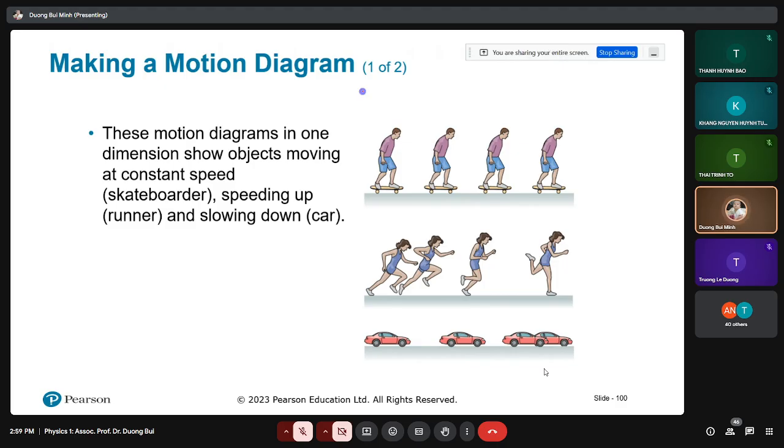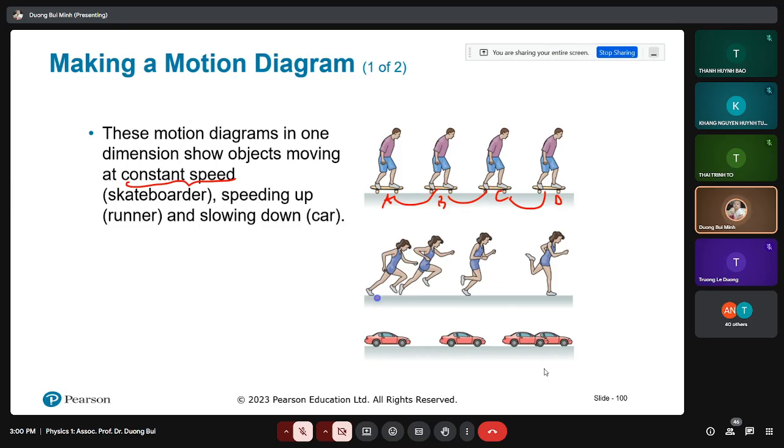So here, just to let you know, we have the motion diagram for 3 cases. If we observe the position of this skateboarder, we have the same distance, which means he has a constant speed during the times.